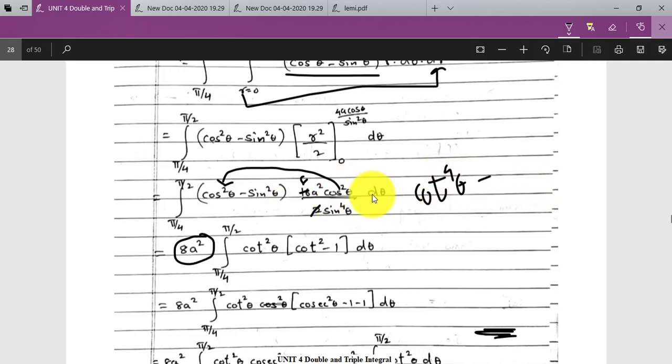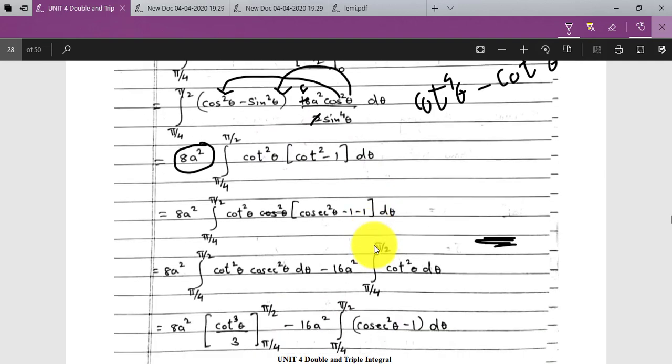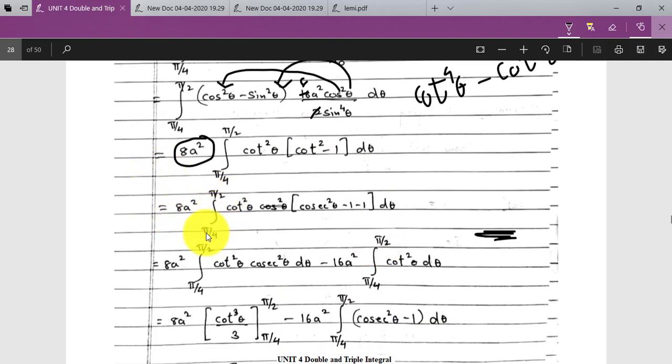Minus, now here again I multiply, so cos squared theta sin squared theta divided by sin squared theta gives cot squared theta. If I take cot squared theta common, it is cot squared theta into cot squared theta minus 1 d theta. So this is 8a squared over the limit pi by 4 to pi by 2 of cot squared theta, and cot squared theta can be written as cosec squared theta minus 1, and this is minus 1. So this minus 1 and minus 1 becomes 2.